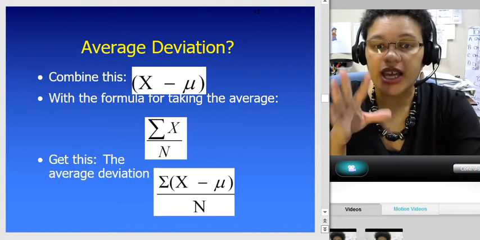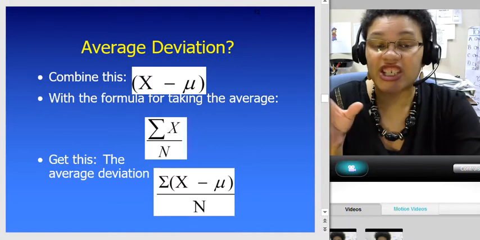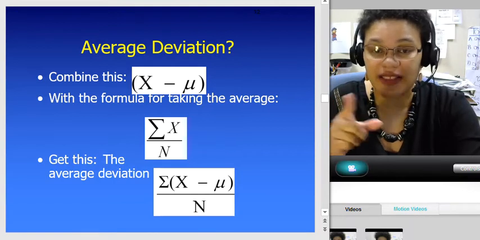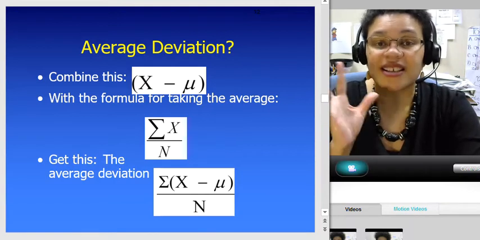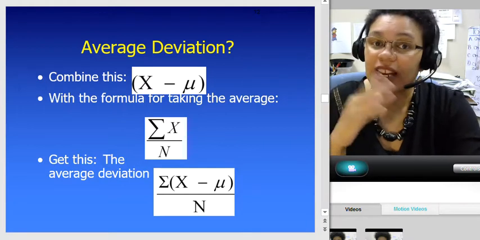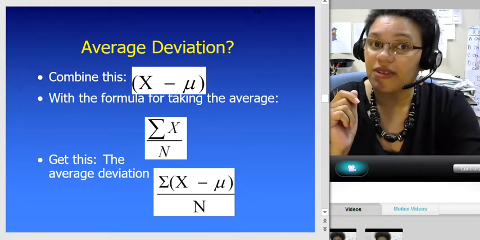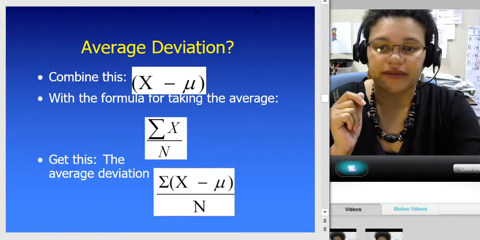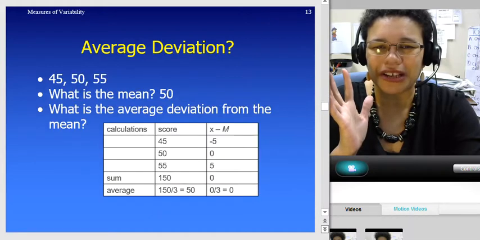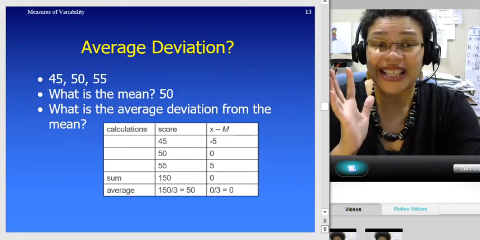So the average deviation is the sum of all these differences, and I'm looking at the bottom box, the sum of all these differences between individual scores and the mean divided by the number of scores that we have. So there's our average deviation, but does it really work to do that? Let's see. I'm on slide 13.